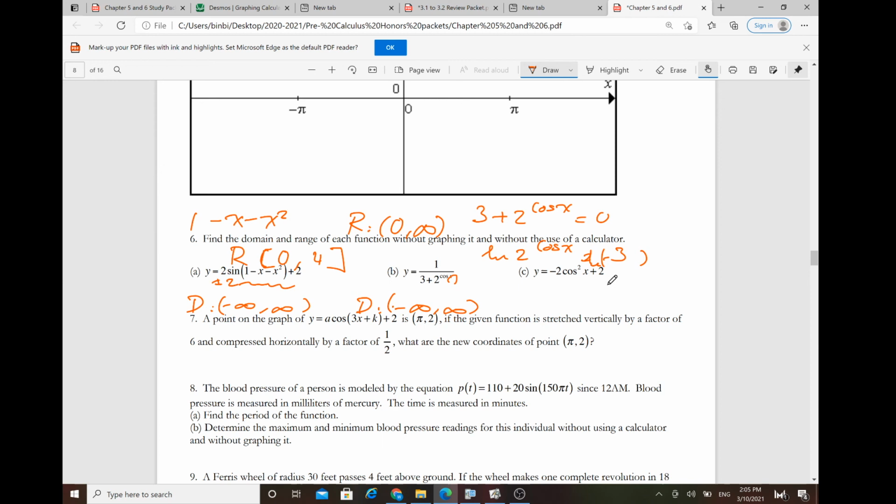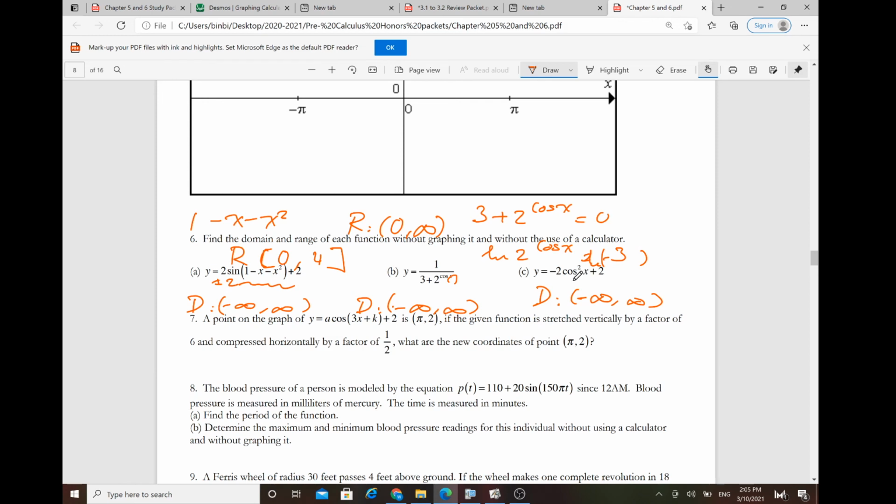And then what about the rest of this? Cosine of x, again, there are no restrictions, so the domain is always negative infinity to infinity. This one could be 0, and if that's 0, then the max would be 2. If this number is negative, a negative times the quantity squared, the squared quantity is always positive, and positive times negative is negative.